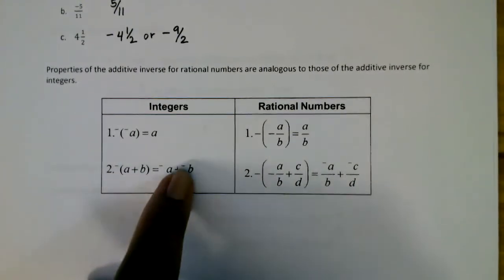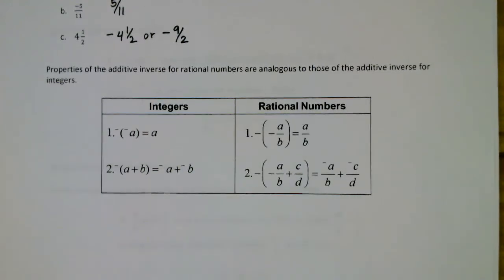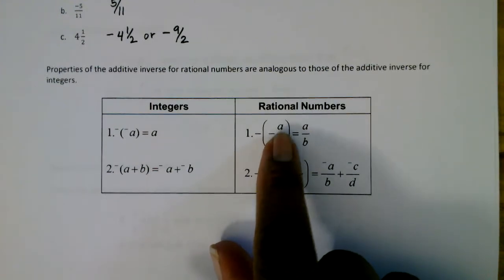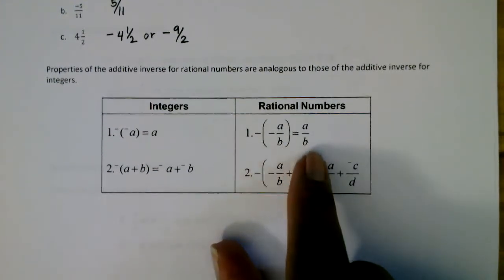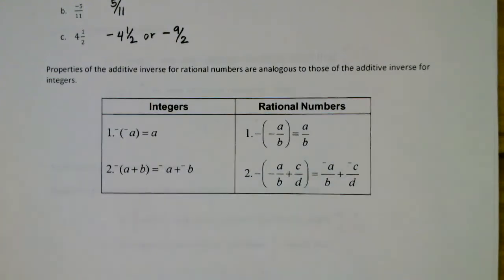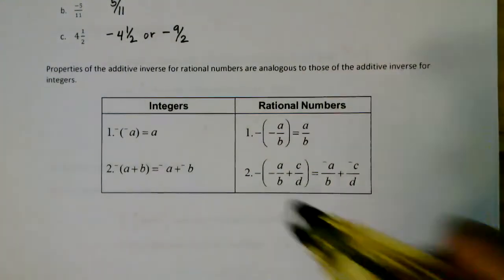Negative a plus negative b. The same holds true for rational numbers here. The opposite of negative a over b will be just positive a over b.